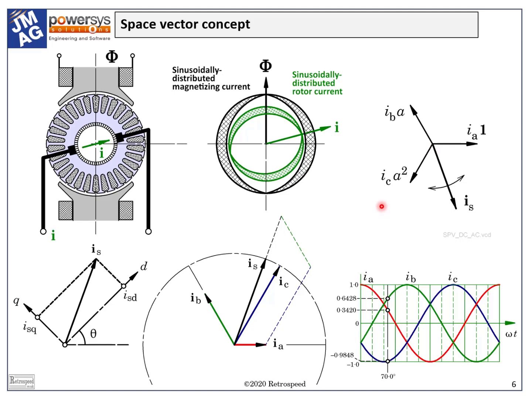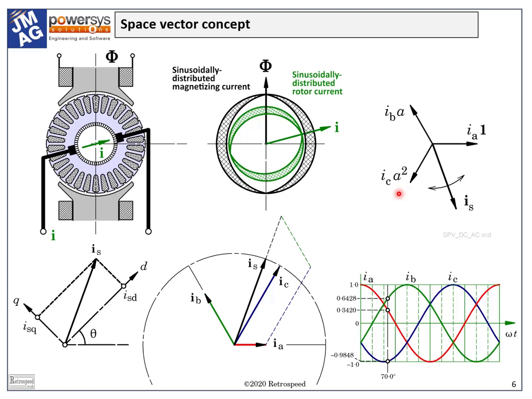Now we can define the spatial directions in the so-called Argand diagram, the complex plane, by means of three complex numbers: one along the real axis, a at 120 degrees and a squared at 240 degrees.